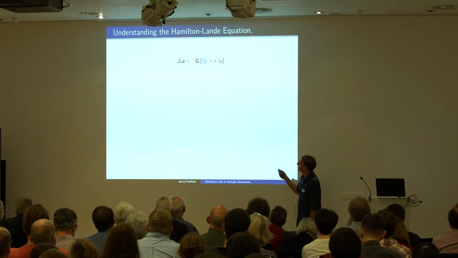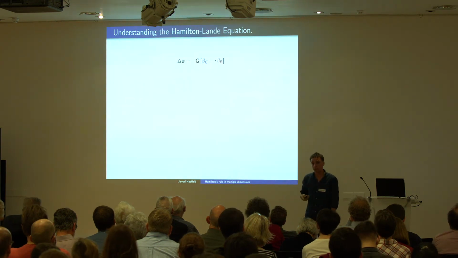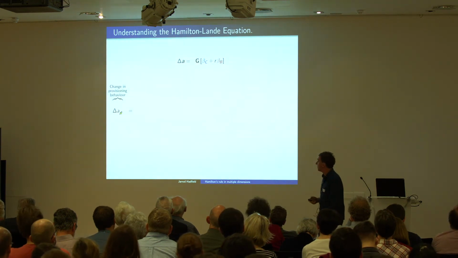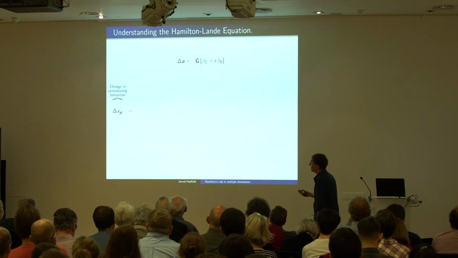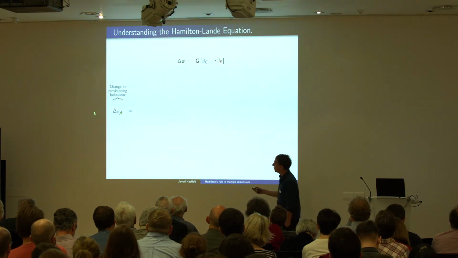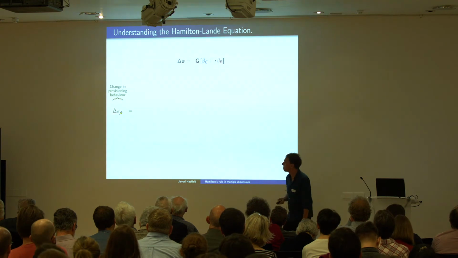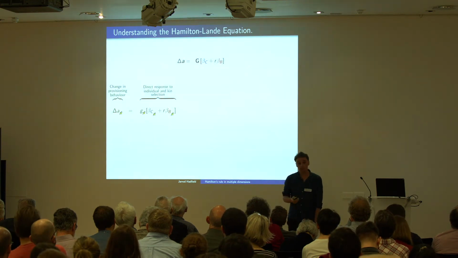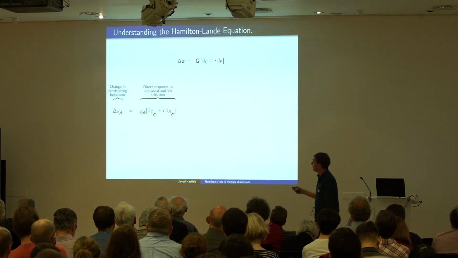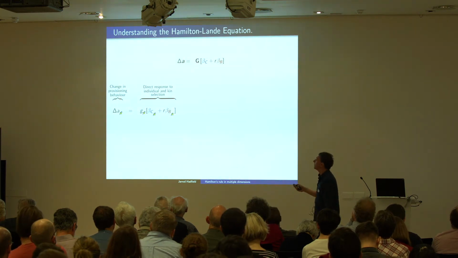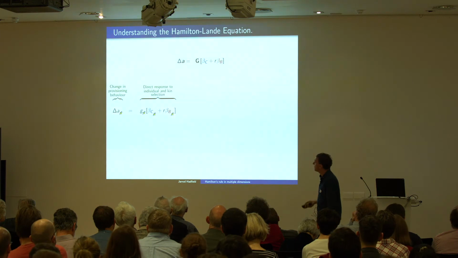I think most quantitative geneticists are probably familiar with the implications of this, but just to go through it step by step. We're saying that the evolutionary change in provisioning behaviour is equal to this term, which is Hamilton's equation: the genetic variance in provisioning multiplied by the cost plus the relatedness-weighted benefit.